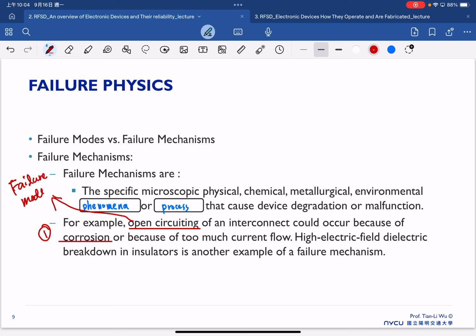And the second one is because of too much current flow. So we can have these two failure mechanisms that can lead to the same failure mode. For example, in the case of open circuit, it can be due to the first one, the corrosion, and the second one, too much current flow. So these are the mechanisms.